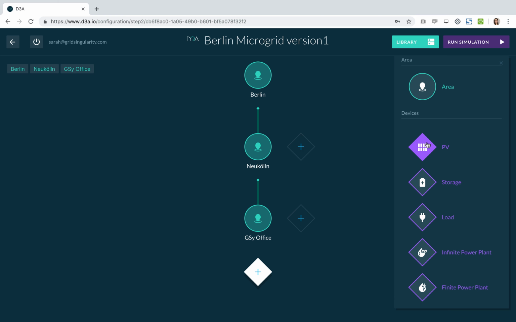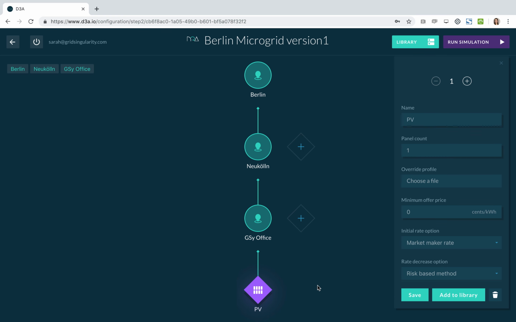So here I'll add a PV. And so for all of these devices, you can increase the number of PVs. So that would mean more than one PV installation. And you can also increase the number of panels. So if you have a specific profile here and you want to double the profile, you can add more panels.